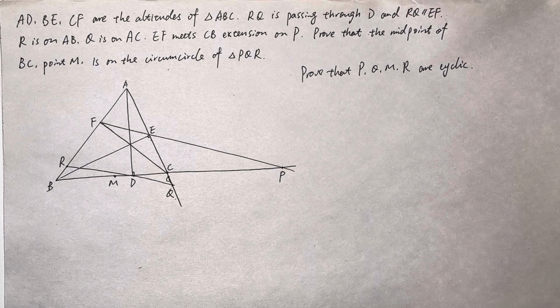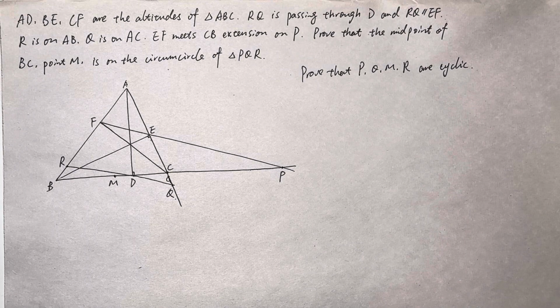And the fourth way is to use the power of a point. We find two lines and they meet at a point. That means we can find the power of this point to a circle. And if they're equal, then these 4 points are on the circle, right? That's a very common method we use in proving 4 points are cyclic.